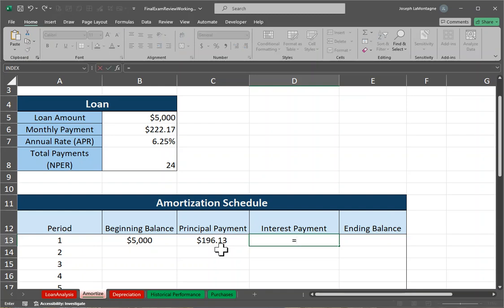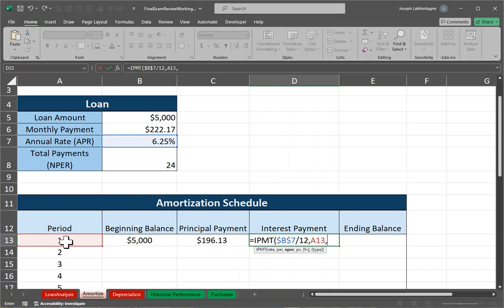So equal, and this time we're going to use the IPMT. So remember I for interest, the previous one we did P for principal. And the function has the same arguments. So we have B7, make it absolute, divide by 12. The actual period is A13. When I don't use this function very often, I flip the number of periods and the period.